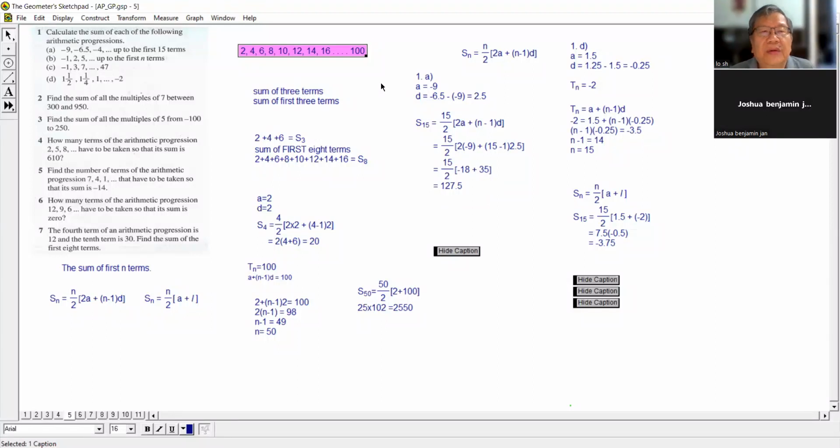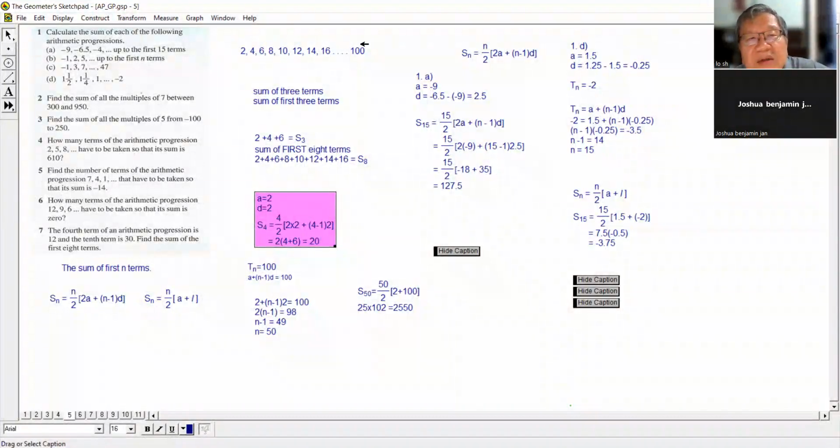So, can I know the value of A? Yes. From here I know the value of A is 2. Can I know the value of D? Yes. Behind minus the front. How much is that? Behind minus front, 2. So I know A and D.